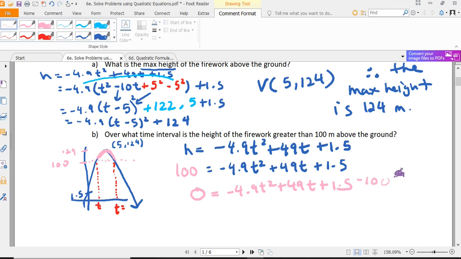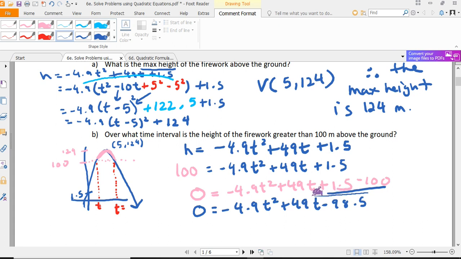I don't know why the whole thing turned pink. Now I get negative 4.9t squared plus 49t, and then what is 1.5 minus 100? Negative 98.5.